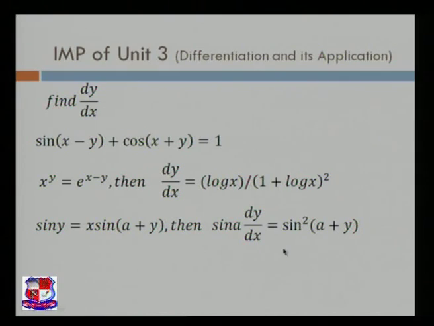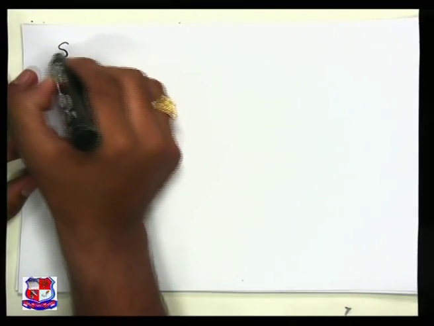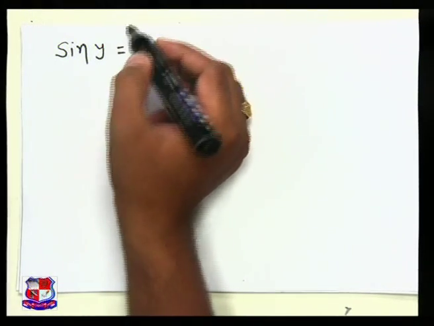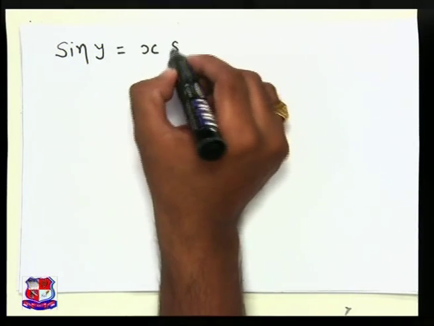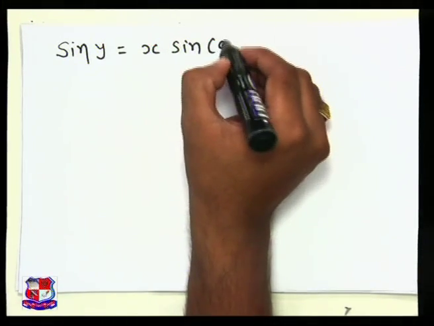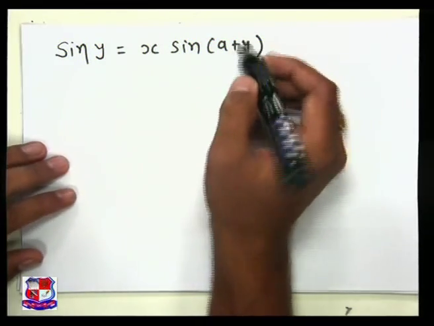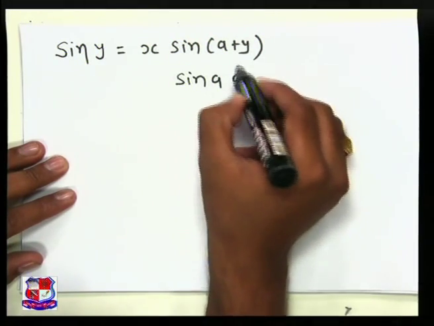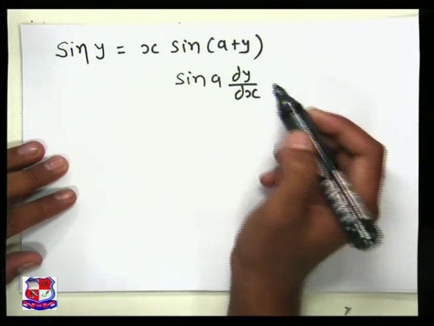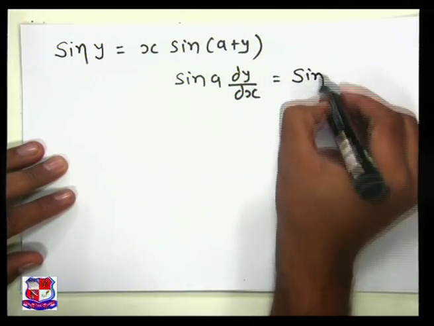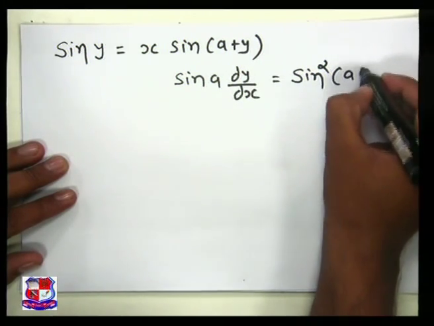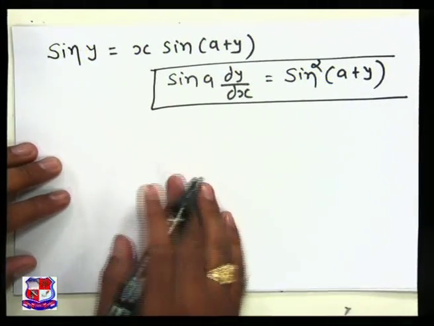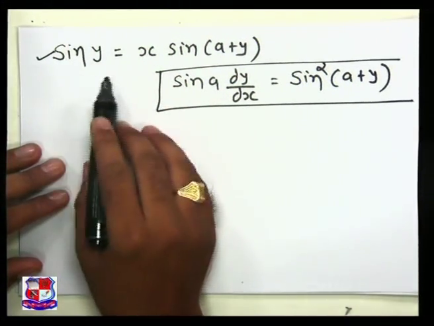So we write our next sum: sin y equal to x sin a plus y, and we want to prove sin a dy by dx equal to sin square a plus y. This is our result.